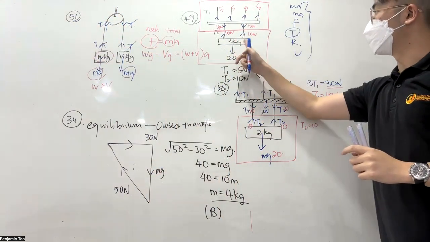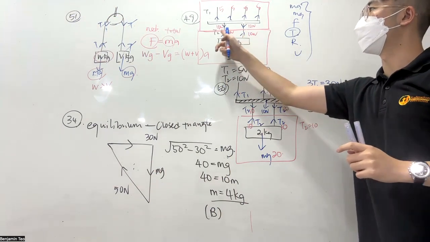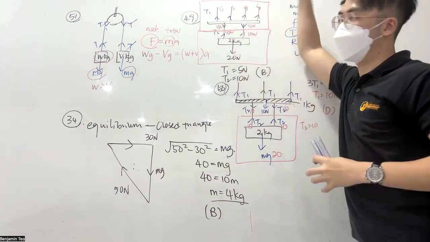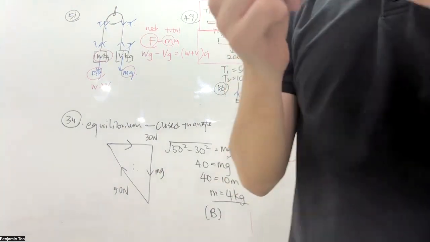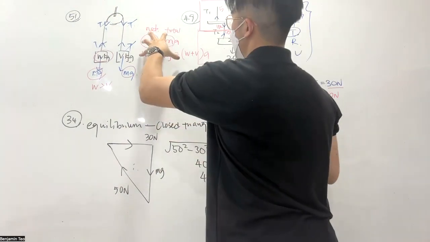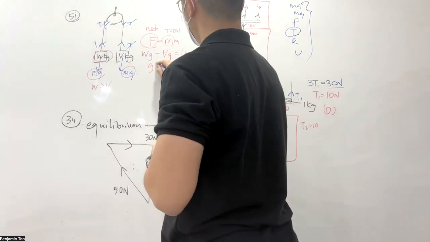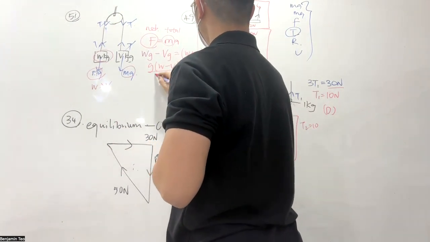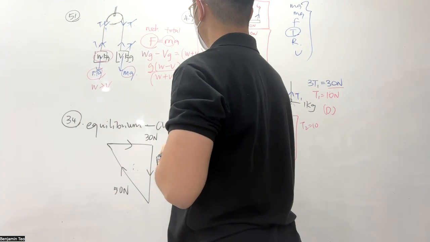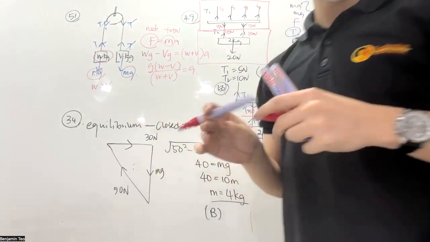I look at the whole thing, they all cancel out. Okay, so 3W. That is this. A.